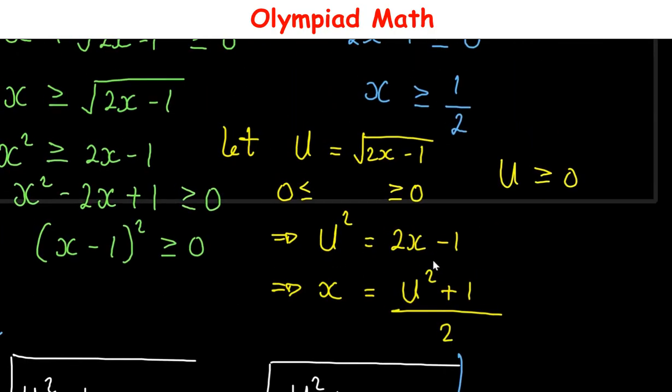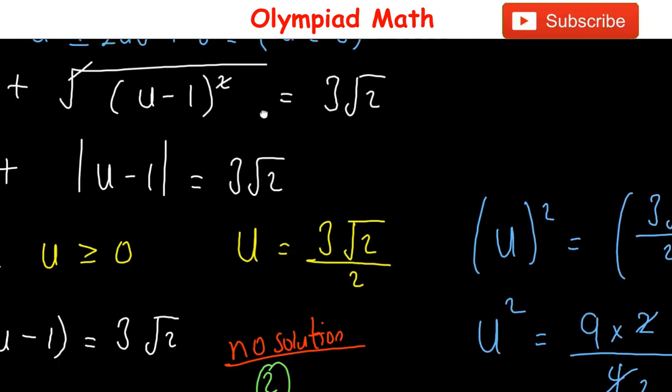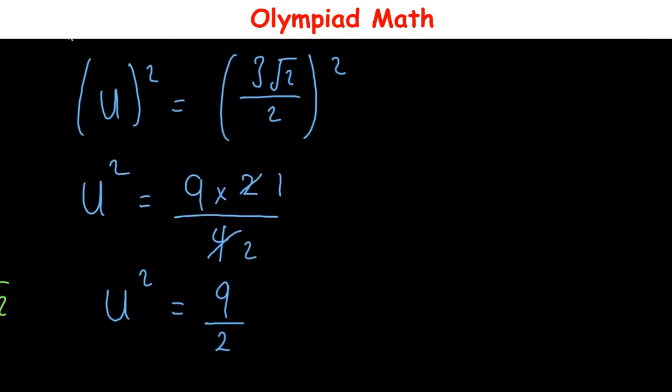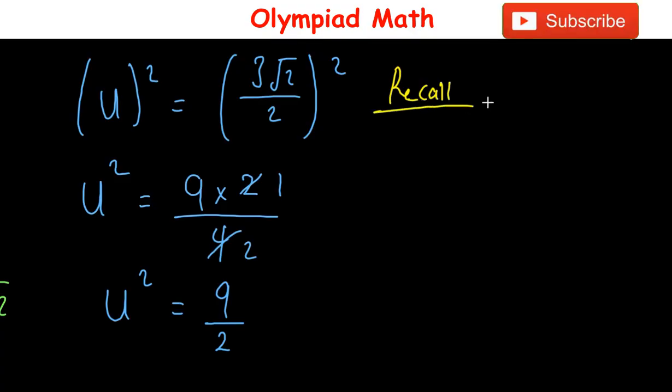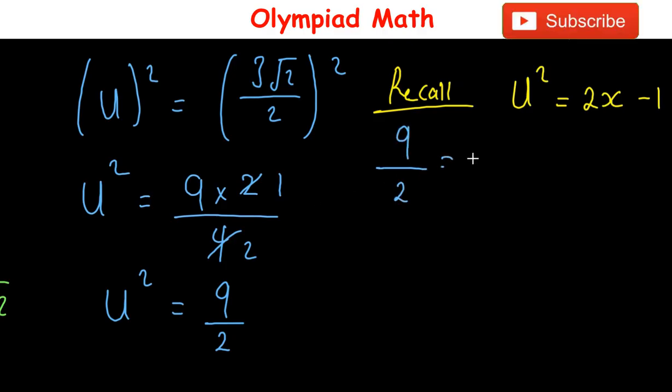So u squared is 9 over 2, so this becomes 9 over 2 is equal to 2x minus 1.